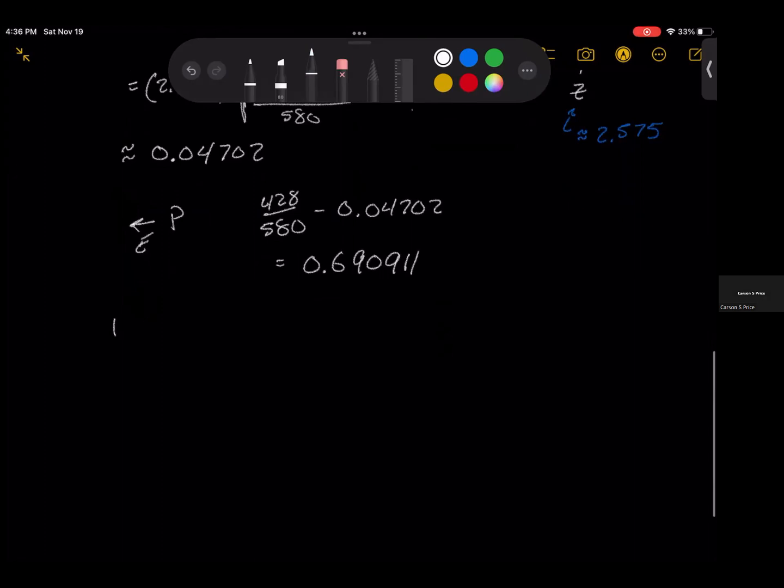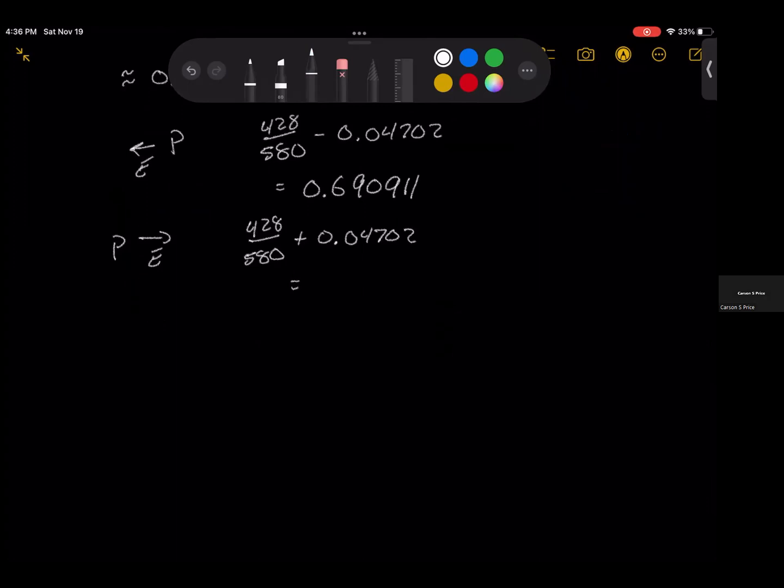And if I take p and I move to the right by that error, I get 428 over 580 plus the error, 0.04702, which is going to give me roughly 0.784951.